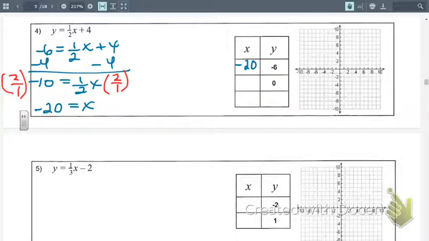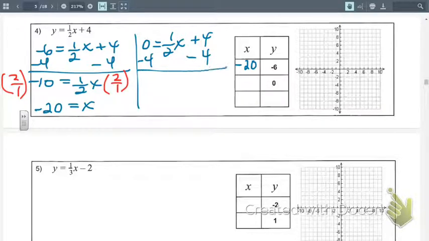Alright, plug in 0 for y. So 0 equals 1/2 x plus 4. We're going to subtract 4 from both sides. So negative 4 equals 1/2 x.